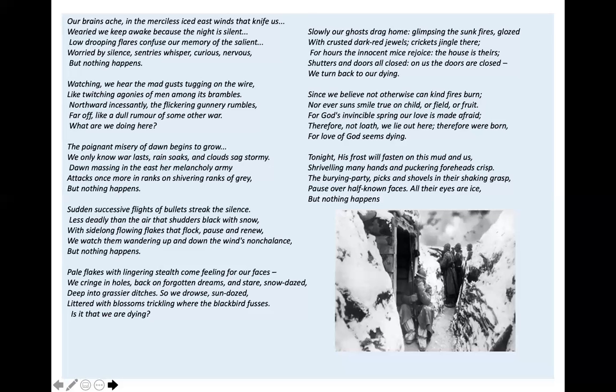So attacks once more in ranks on shivering ranks of grey. So it's a grey sky, and this grey sky is described as an army itself. So we get the idea of it being cold, gloomy, and grey. And this idea of nature as having its own army is quite symbolic of the men being attacked not just by the Germans, but by nature itself.